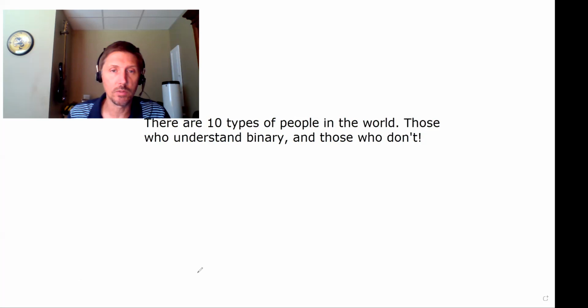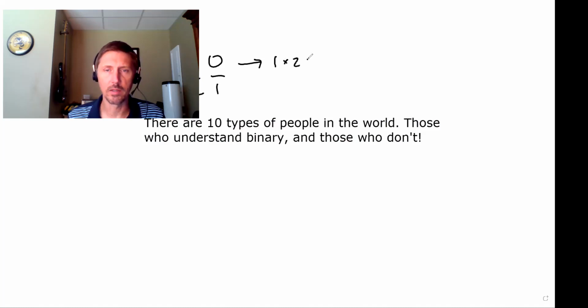Because you would recognize that 1, 0 is a binary number, with the ones place and the two place. And so in decimal form, 1, 0 is actually the decimal number 2, since 1 times 2 equals 2. So there are two types of people in the world, those who understand binary and those who don't. Pretty funny.